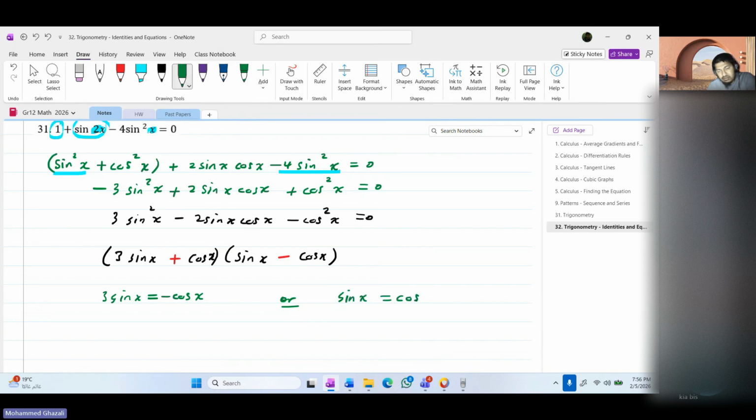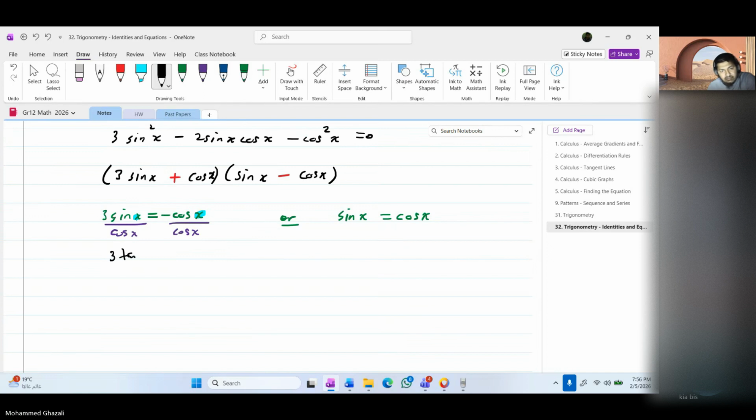Sin x is equal to cos x, because now we can divide both sides. Now we got the same angles. So lovely. Now we can reduce to tan. So divide by cos x, divide by cos x. So we got 3 tan x is equal to negative 1. So divide by 3. Tan x is equal to negative 1/3.